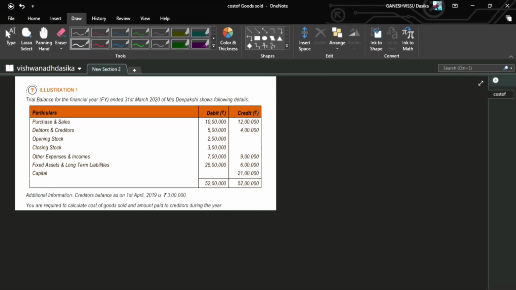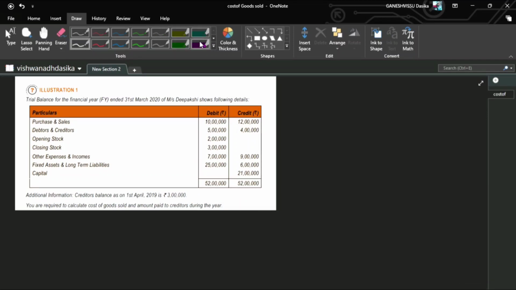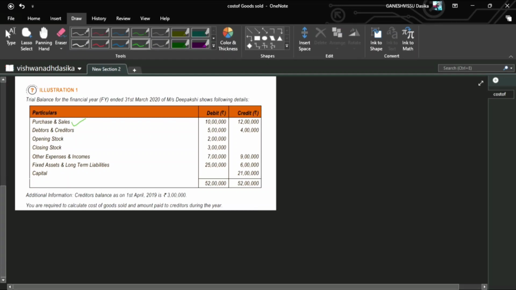They have provided us the purchases and sales, debtors and creditors, opening stock, and closing stock is also provided. I am making a star mark. Other expenses and incomes, fixed assets and long-term liabilities, capital.